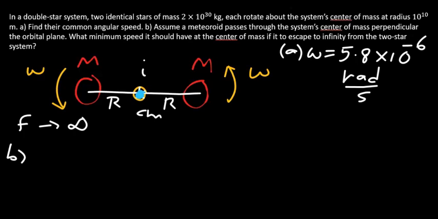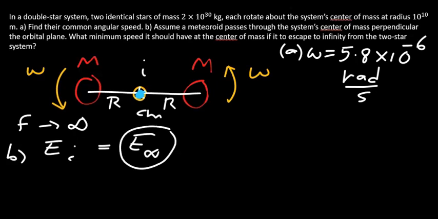So here you have to use the conservation of mechanical energy. The energy at the initial point must be the same as the energy at the final point, which is at infinity. At infinity, we assume that the meteoroid comes to rest, so there is no kinetic energy, and it's so far away from this double star system that at infinite distance the gravitational potential energy will also go to zero due to its 1/r dependence.